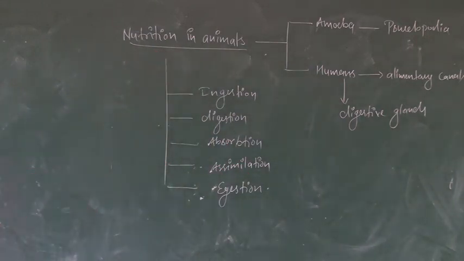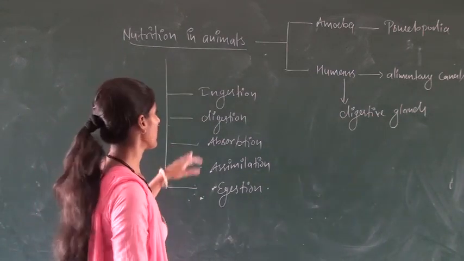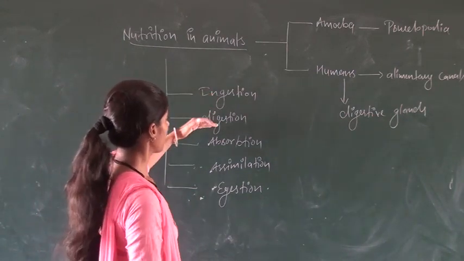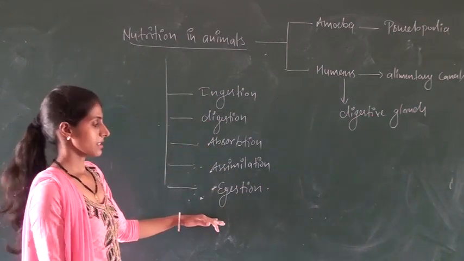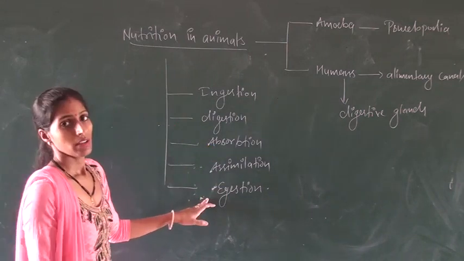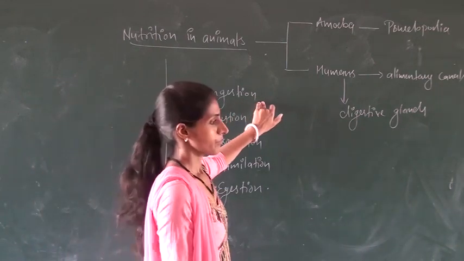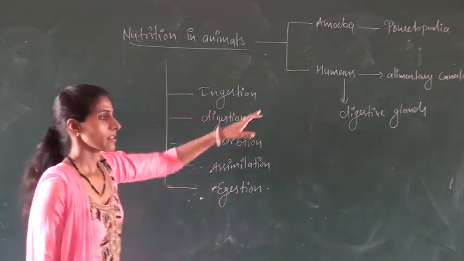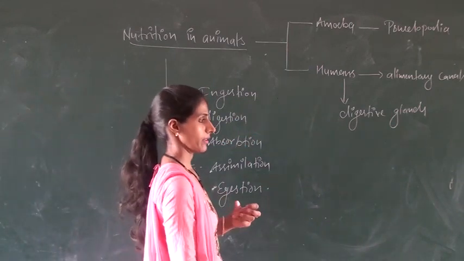Nutrition in animals consists of the following steps: ingestion, digestion, absorption, assimilation, and last is egestion. These steps are followed in a proper sequence. First, in the ingestion process, food is taken in by the body.